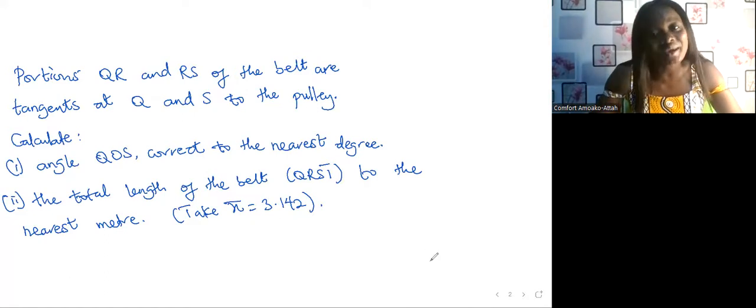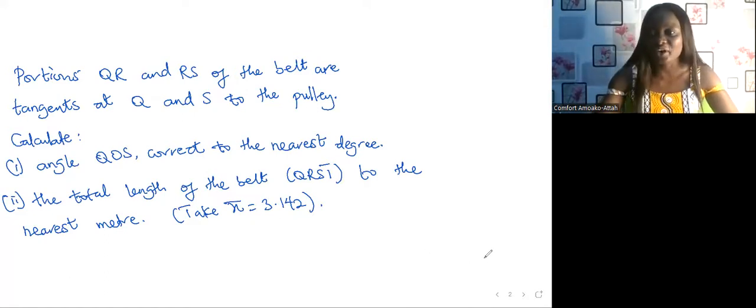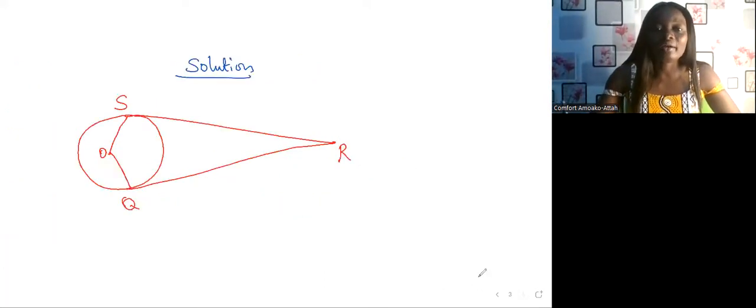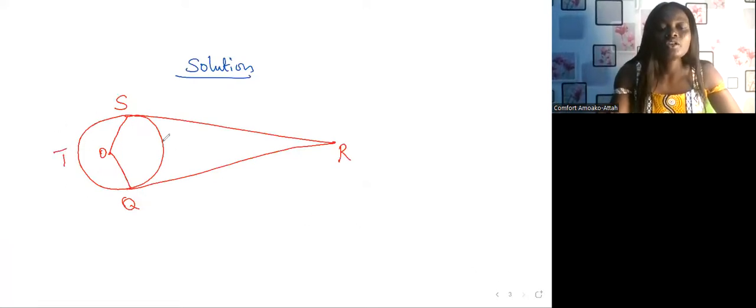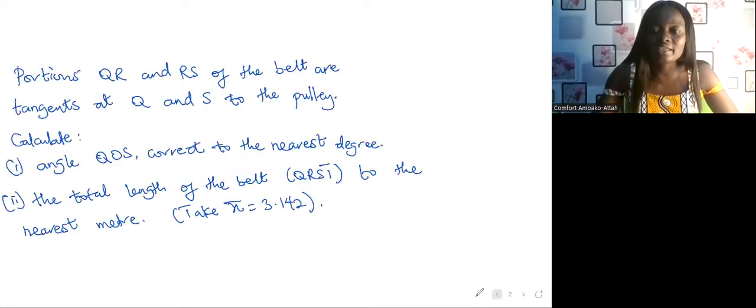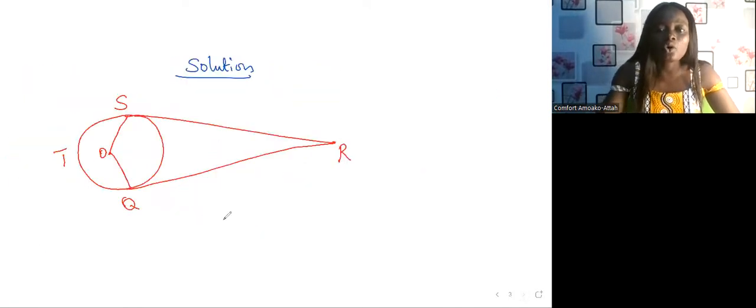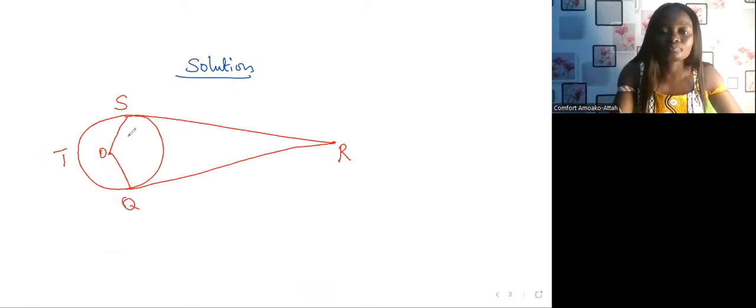Okay, so I always say that for questions involving diagrams, I encourage my students to draw the diagram. So now let's redraw our diagram. That is what I've drawn over here. So we have QRST. Good. Now from the question, what did they say? They said line OR is 1.5 meters. So where is your line OR? We create a line to this.